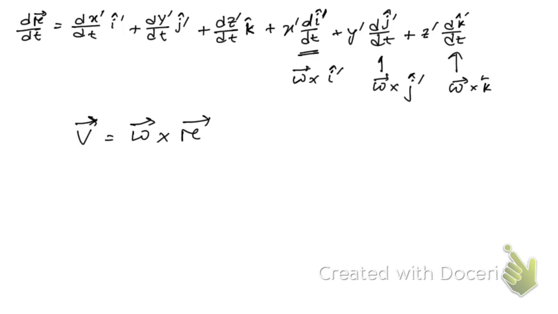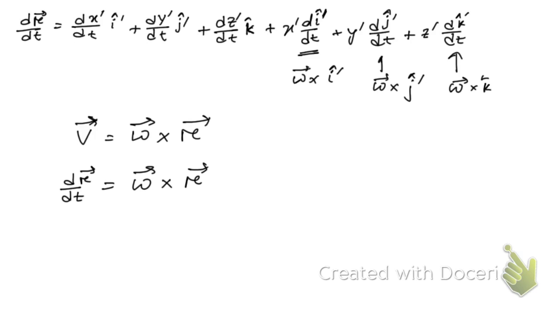So if you take the x component, then the time derivative of the x component of v, v is nothing but the time derivative of r, right? We know this time derivative of r.